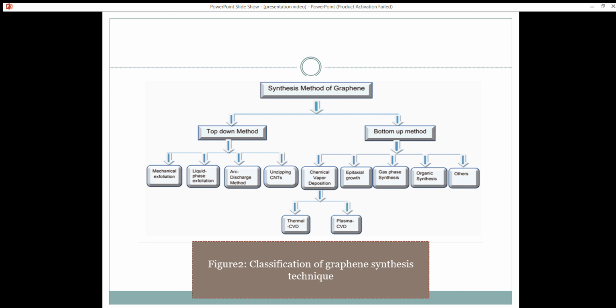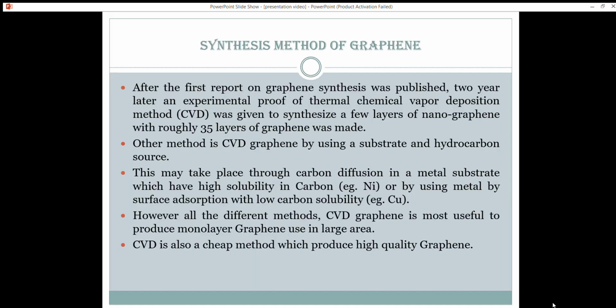On the other hand, bottom-up methods include chemical vapor deposition method, epitaxial growth, gas phase synthesis, organic synthesis, and others. Chemical vapor deposition includes thermal chemical vapor deposition and plasma based chemical vapor deposition, which I will discuss in next slides. So this is the classification of graphene synthesis.